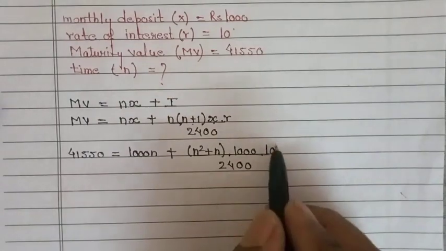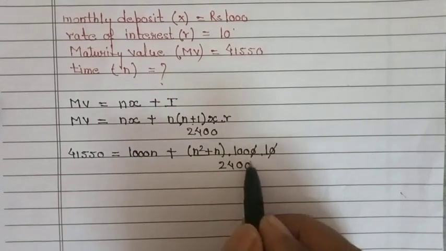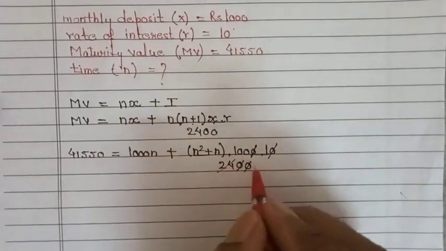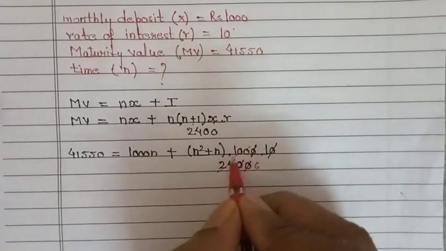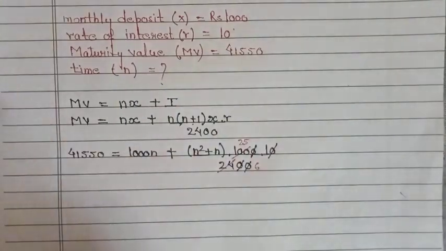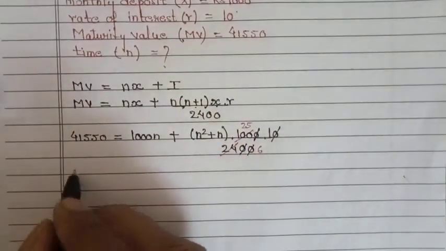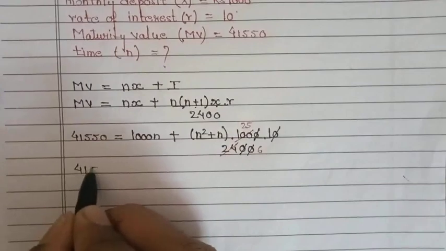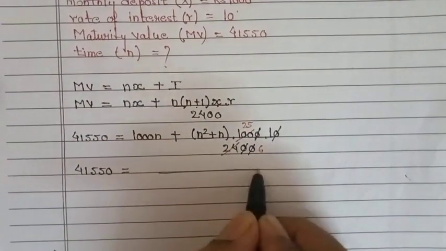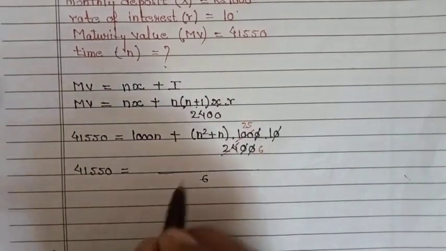Now let's simplify this one. If you reduce it by 4, 4 6s are 24, so it becomes 25 over 6. Okay, so on the right side we will take LCM. LCM will be 6.